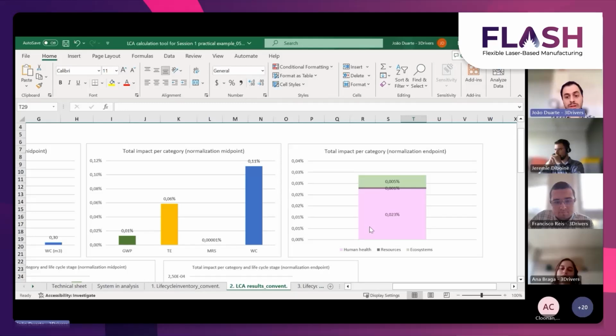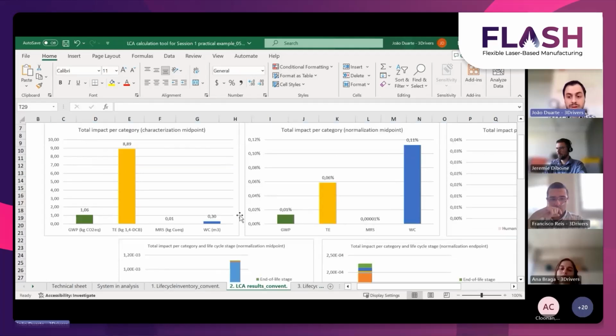And we can see that the environmental impact is primarily associated with damages to human health, followed by ecosystems, and as expected, because as we've seen in the midpoint results, resources is not very significant for this example.